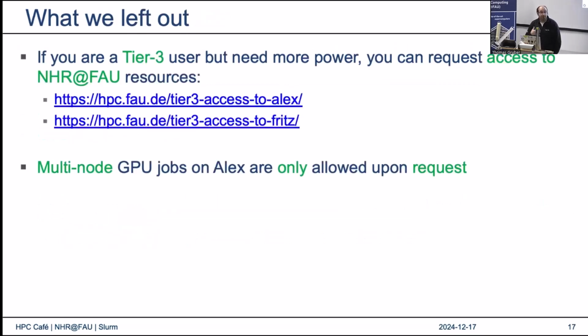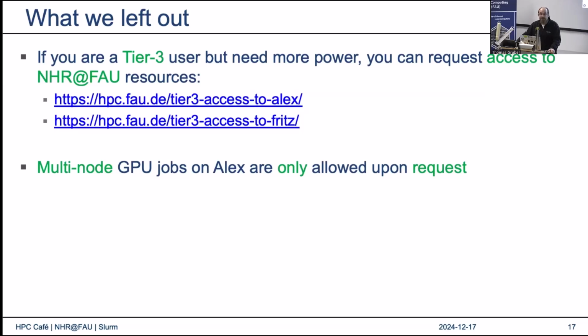What we have left out, or I have left out now, so if you're a tier 3 user, so all university personnel and so on, but need more computing power, you can request access to NHR and FAU resources. These are the two links. So one is for Alex and one is for Fritz. Of course, we do not allow everybody to go there.